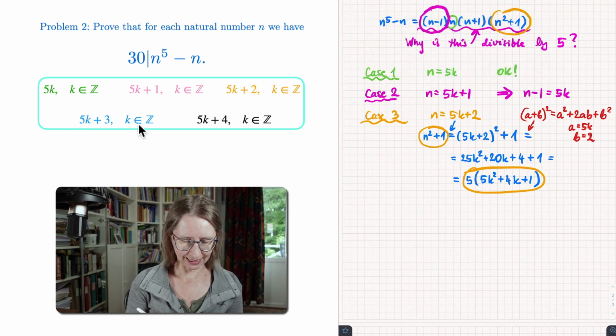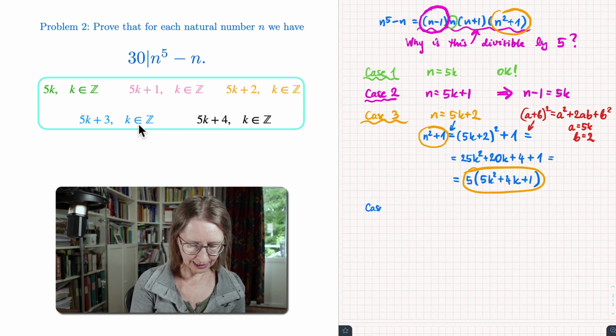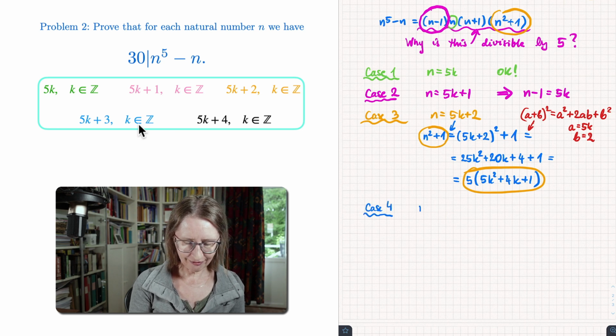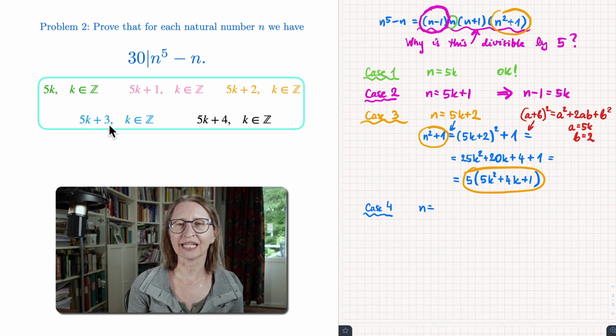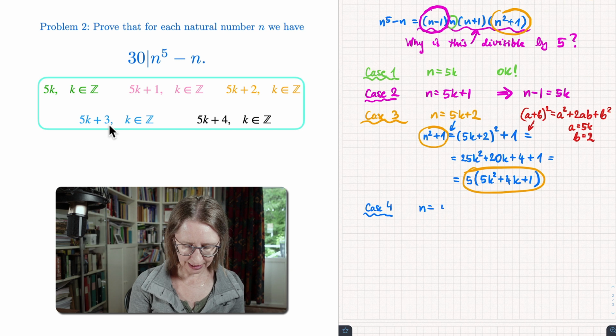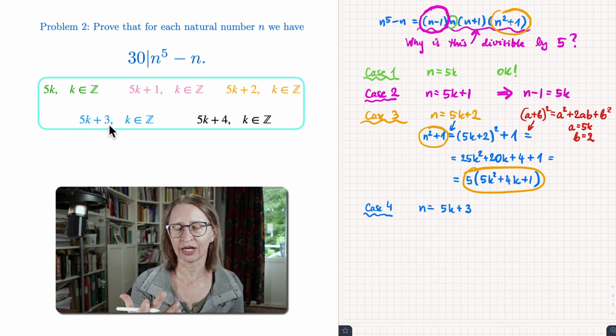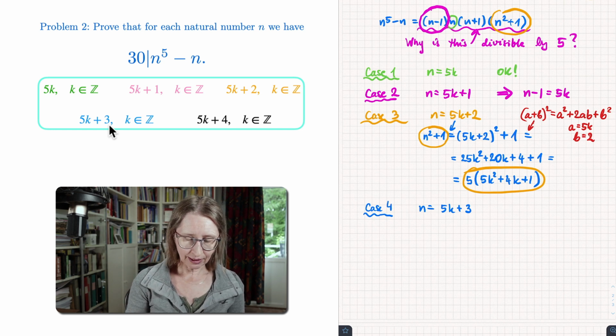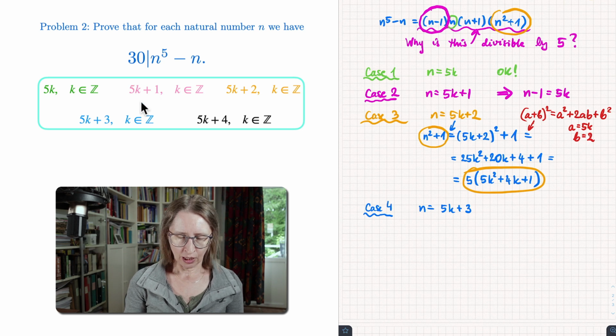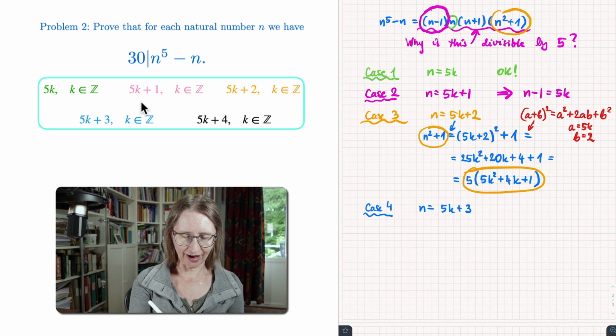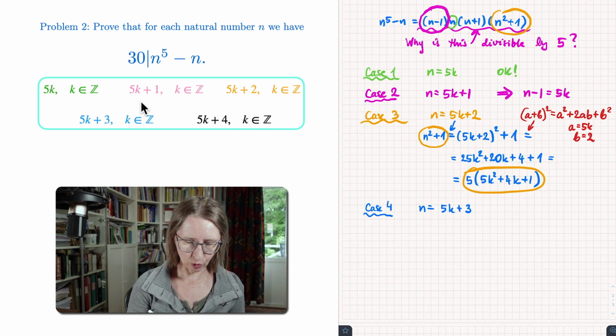Now we get case 4. Case 4. If n gives remainder 3 in division by 5. So if it is equal to 5k plus 3 for some integer k. Then again, n minus 1, n and n plus 1 will not be divisible by 5, but again n squared plus 1 will save the situation.